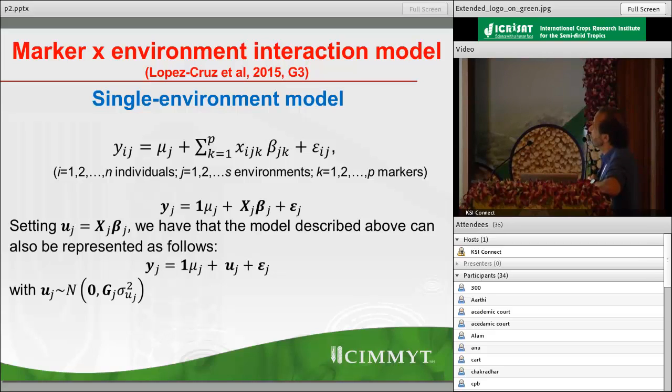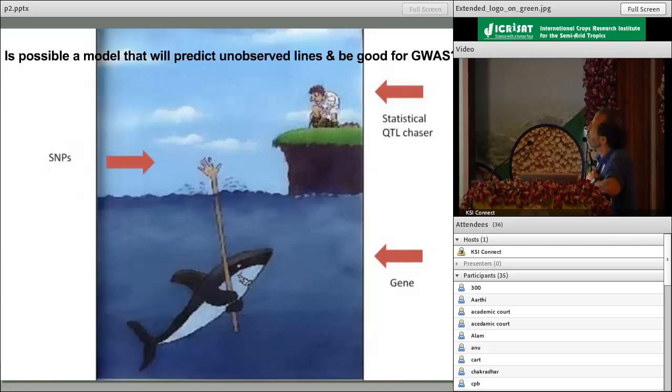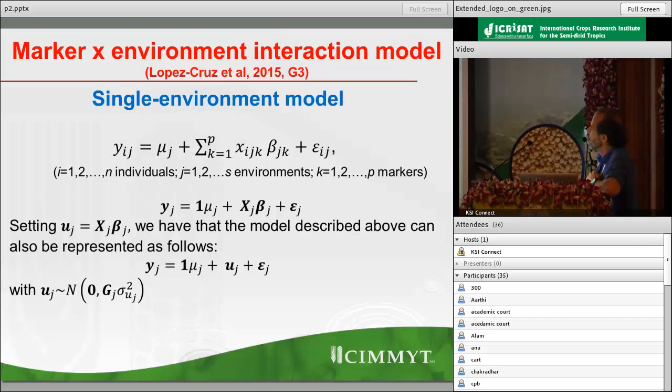These are the markers, this is the effect of the markers. We can put this in matrix notation. We write this as Xβ equal to μ plus u, and then we have this model, which is a standard GBLUP model.